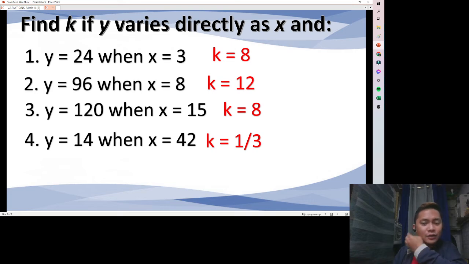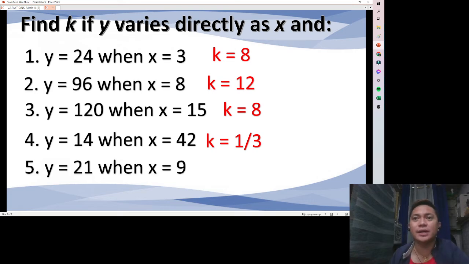Okay, and also the same thing, yung number 5, y is equal to 21 when x is 9. So as you can see, number 4 lang yung mababa yung y. Therefore, we can simplify 21 over 9. Hindi natin siya ma-divide sa 9 kasi ang multiple ng 9 is 9, 18, 27. So 21 hindi siya tumpak. So anong gagawin din natin? Same thing, ilo-lowest term natin siya.